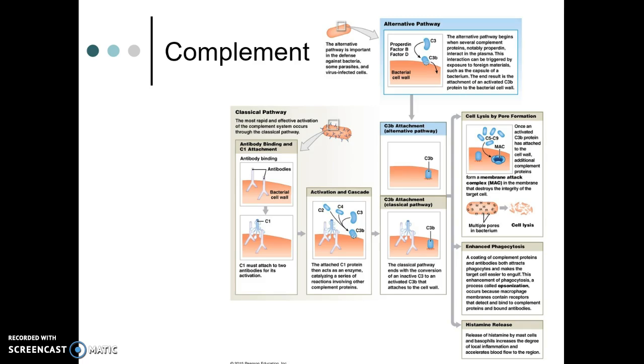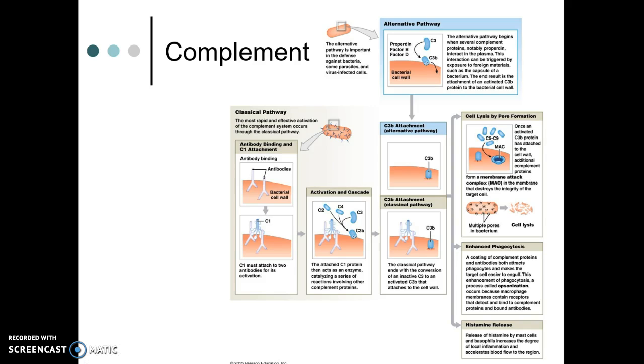In the classical pathway, you'll see here that here is my pathogen, and it already has the antibodies attached to it. So we're already involved in a specific immune response in that an antibody has been created against this specific pathogen and has attached to it.